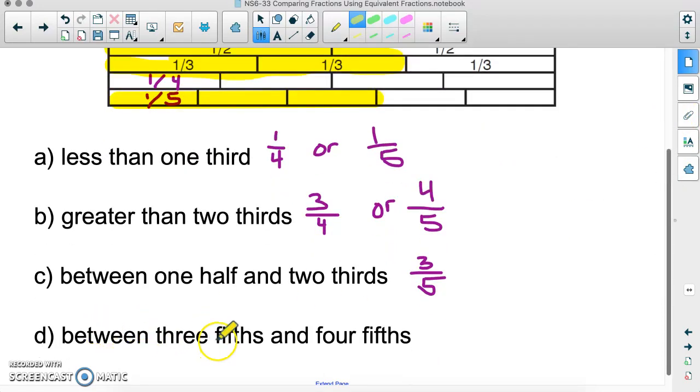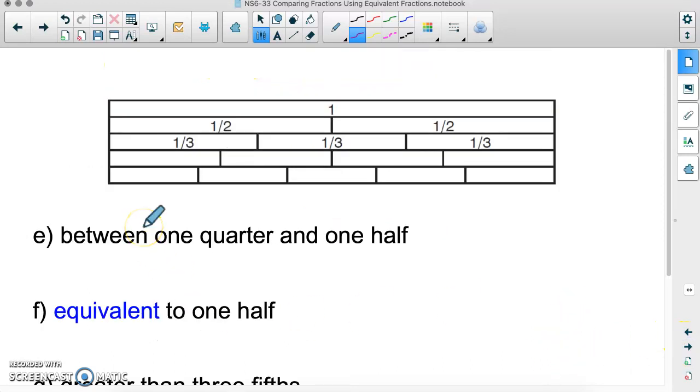Now if we look at D, between 3/5 and 4/5, the answer to that one would be 2/3 or 3/4. Between 1/4 and 1/2, you would have 1/3 or 2/5. So having your fraction tiles in front of you would be very helpful. F, equivalent to 1/2, remembering that equivalent means equal to. Well, the same as 1/2 is also 2/4.